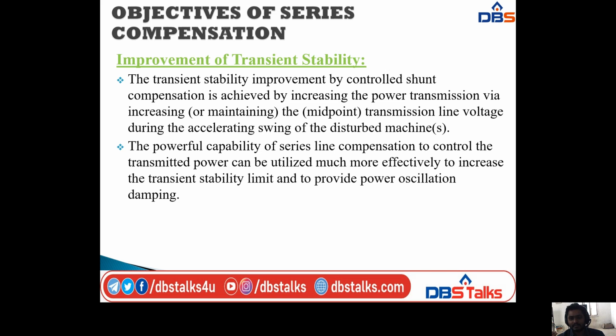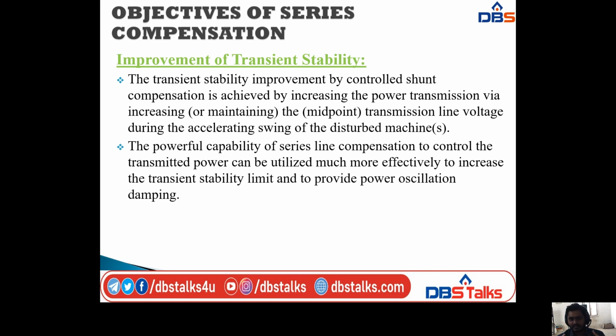You already know what is meant by stability and transient stability, but now I am going to discuss stability. Stability is the ability of the system to bring it to a normal or stable state after being disturbed. Depending upon the magnitude of the disturbance, we have three types of stability: steady state stability, transient stability, and dynamic stability.